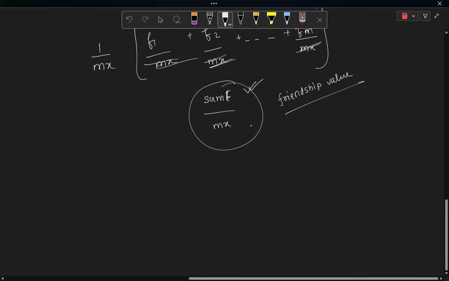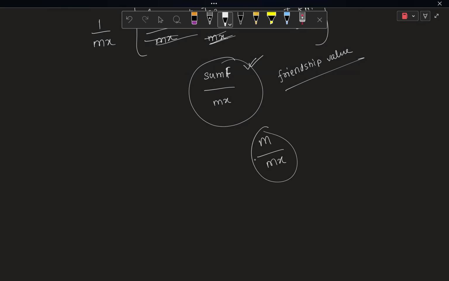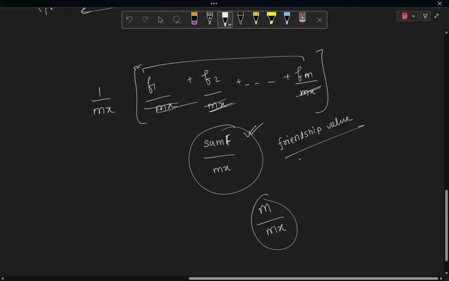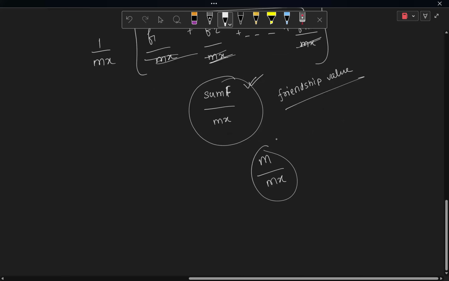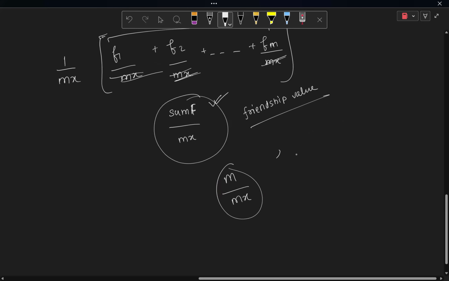And this makes sense: when this thing comes with the probability of m by mx, that is the probability of one of these friend values being chosen. In that case, let's say that the second friend pair is being chosen, its value will increase by 1.